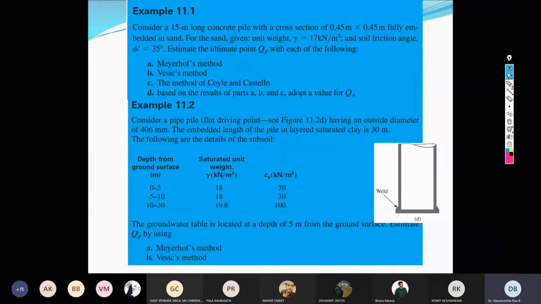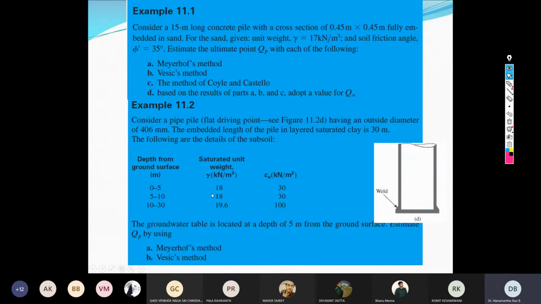So the first one deals with pile foundation in sand, while the latter one deals with the pile foundation in clay. So other important aspects are, the pile length is 15 meter in sand. However, this is a square section. It's not a circular. It is a square cross section. Since this pile is constructed in the sand, the friction angle of the sand given is 35 degree.